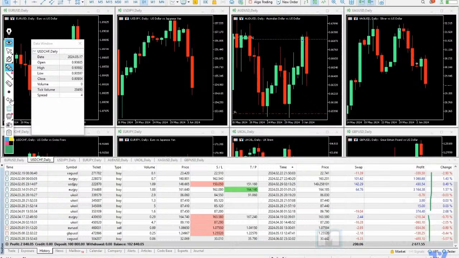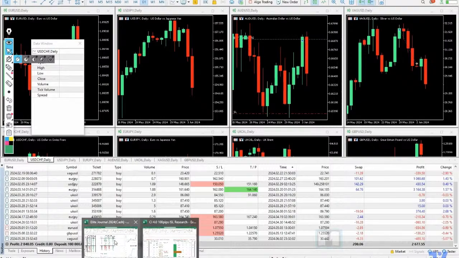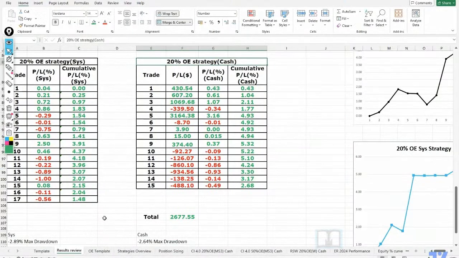Now if I bring this up here on 20% OE. The first thing that we always look at, traders, in our 3 key points in performance review, is our maximum drawdown number. Now, what do we mean by that?